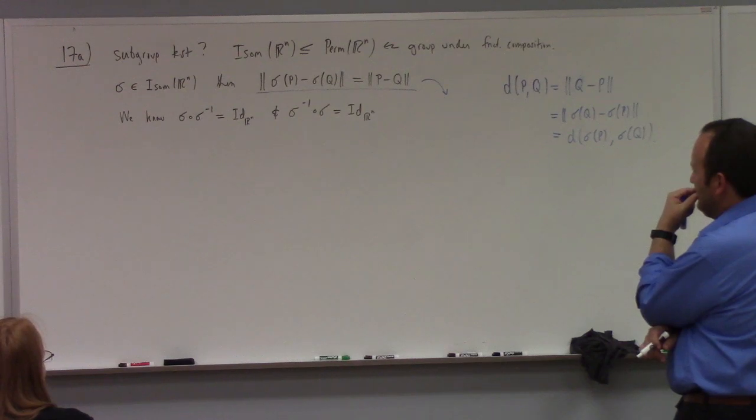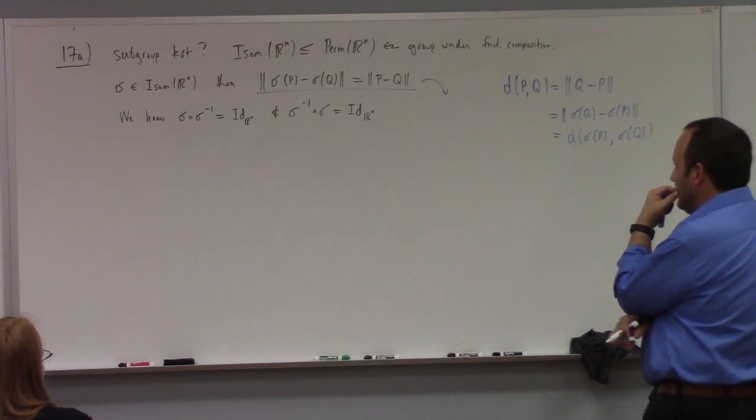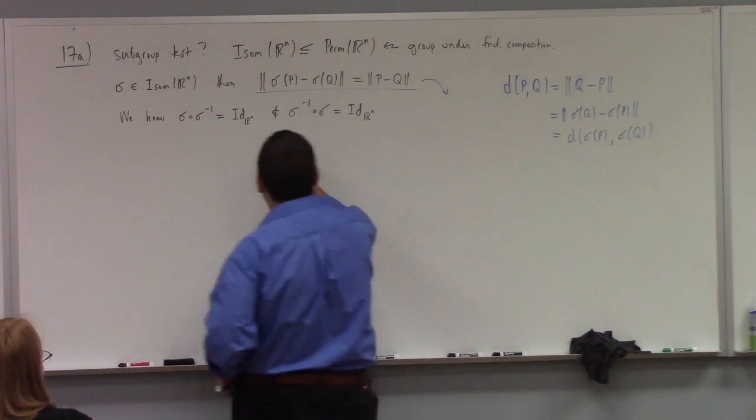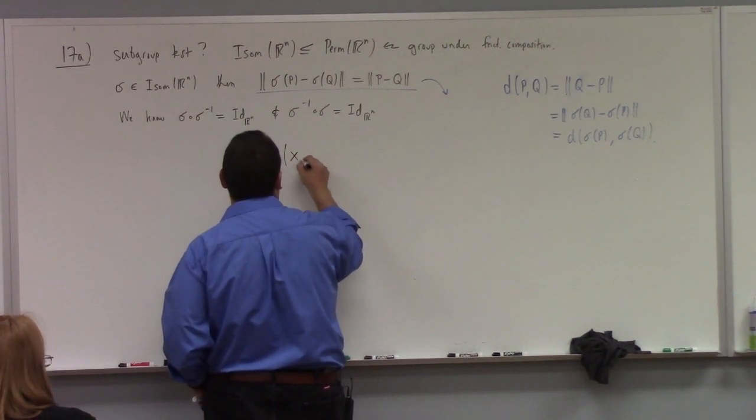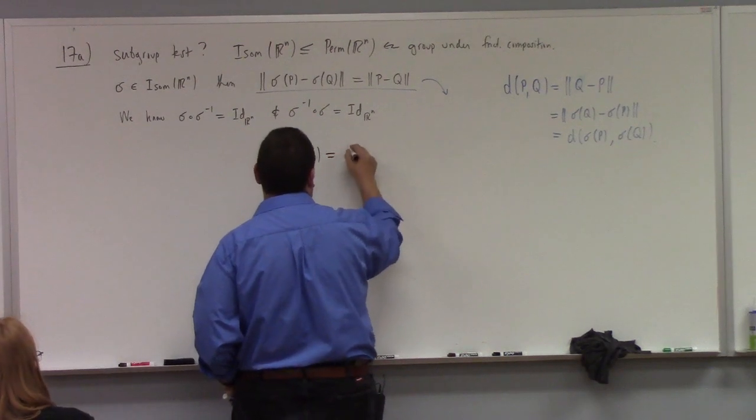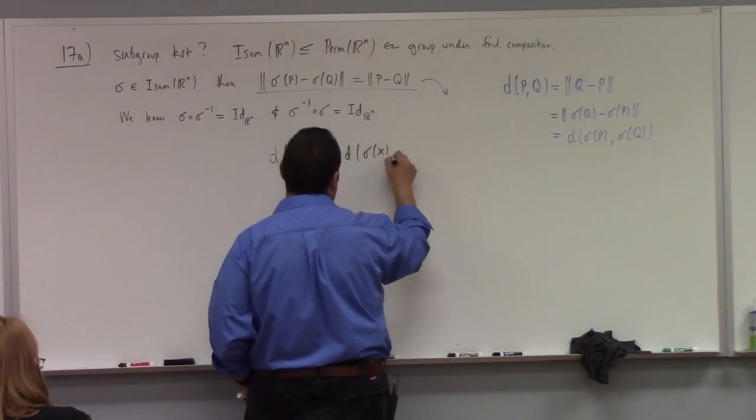I guess, what could you say, since the distance between x and y is the same as the distance between sigma of x and sigma of y, and then replace the distance of x and y with like sigma inverse of sigma? Yeah, I think that's what we want to do. So you're saying the distance between x and y is equal to the distance between sigma of x and sigma of y?